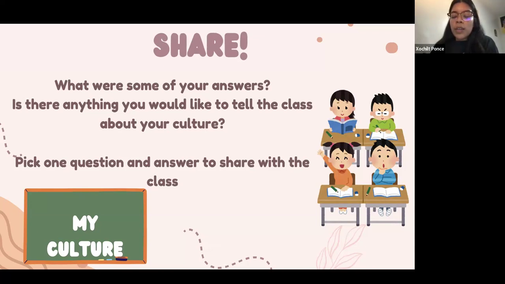So some foods that we eat are pozole or pizza. It kind of depends on what we're feeling. Again, that's a perfect example about how we can often share traditions and things in common with multiple cultures.